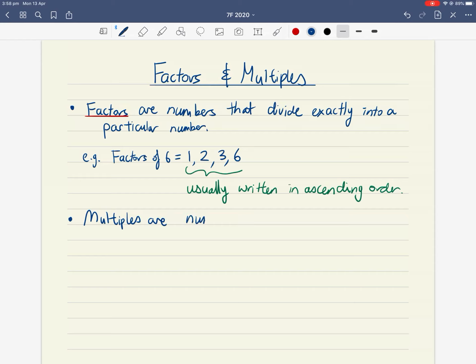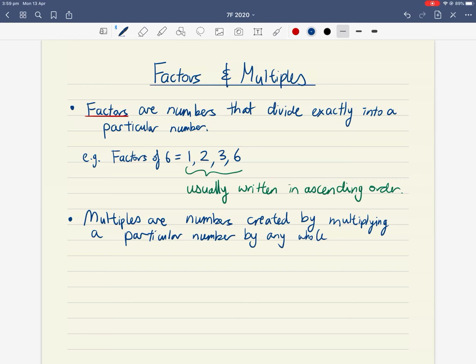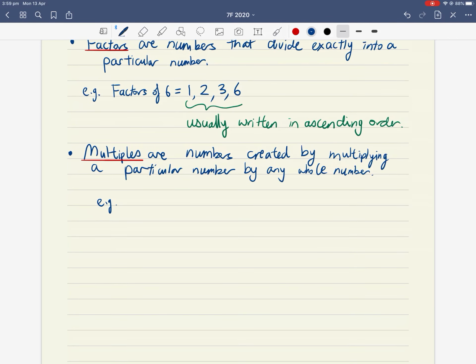Multiples are numbers created by multiplying, as you would expect from the word, a particular number by any whole number. Let me just underline the keyword first, multiples.